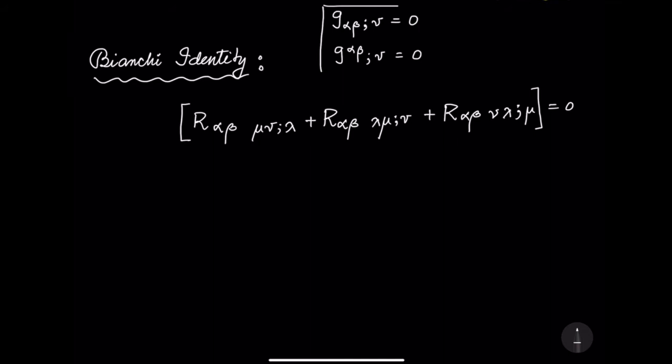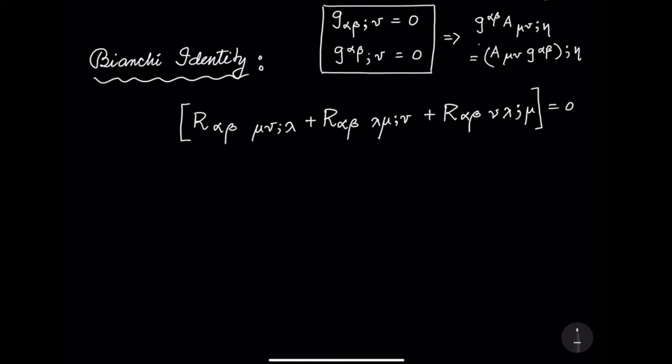And this makes life a lot simpler, because this implies that if I have some tensor A_{mu nu; eta} and I multiply with some g^{alpha beta}, then I can take g^{alpha beta} inside the covariant derivative, because its covariant derivative is 0.